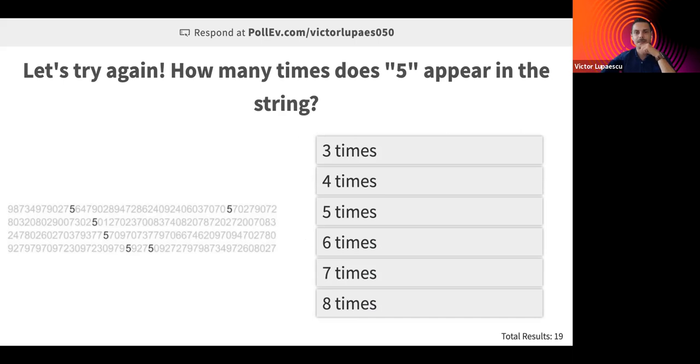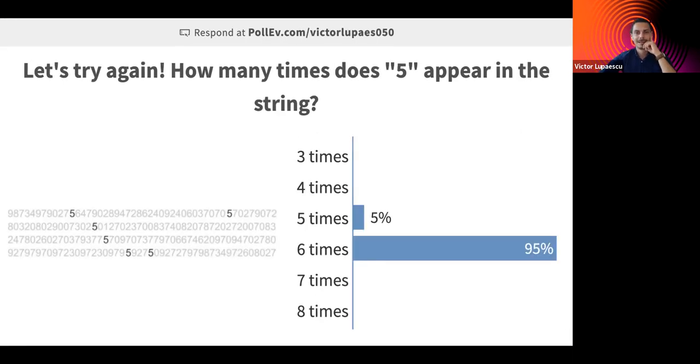Okay, let's see the results. Okay, so 95 of you got the answer correctly. What was the difference between the first case and the other one? Pretty simple. I've used a trick. And the trick is called pre-attentive processing.